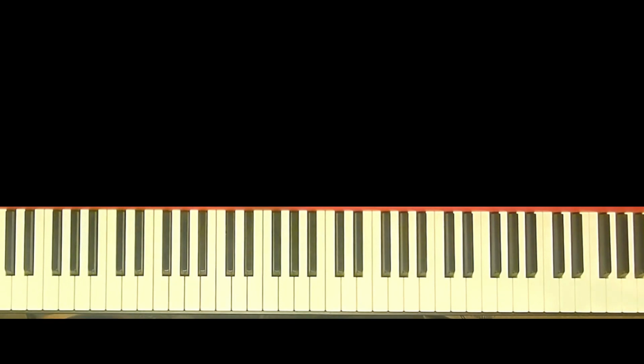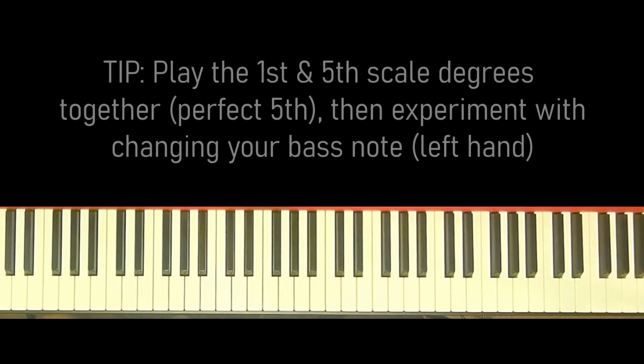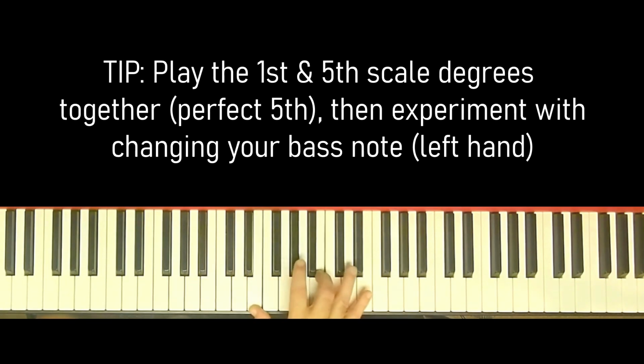So my encouragement to you is whatever musical key you're in. I'll take E major, for example, just hold the 1 and the 5, and these only have 2 positions. It's 1 on bottom and 5 on top, or 5 on bottom and 1 on top, because it's just 2 notes. You can only invert them one way. Either E's on the bottom or B's on the bottom in the key of E major.